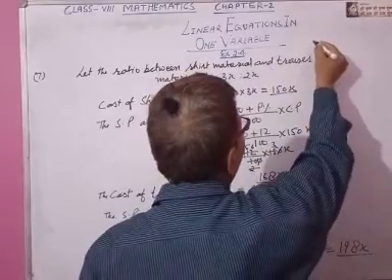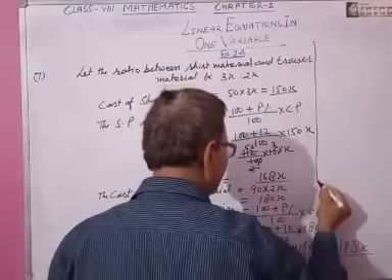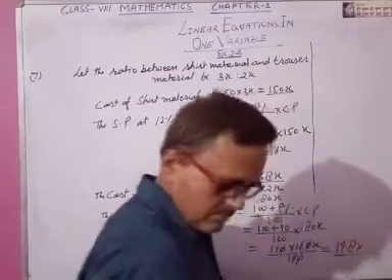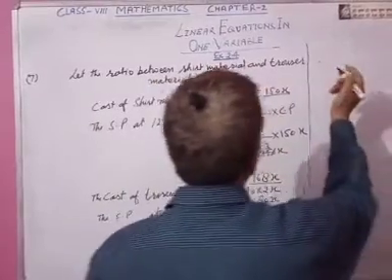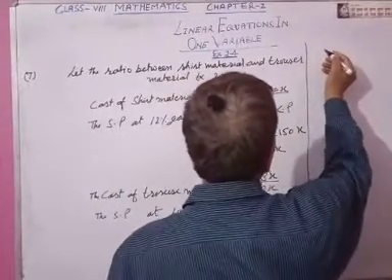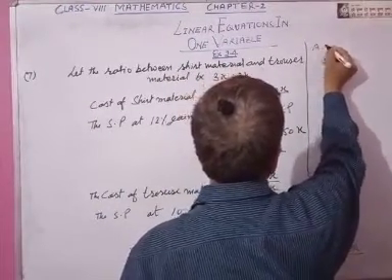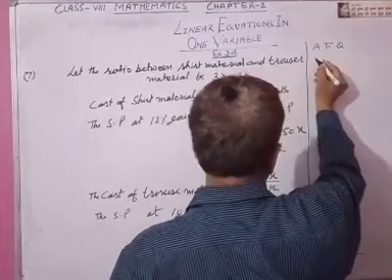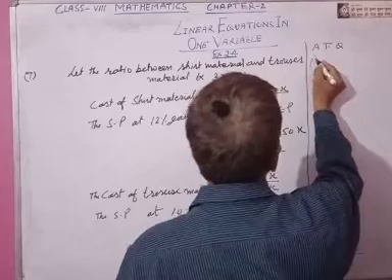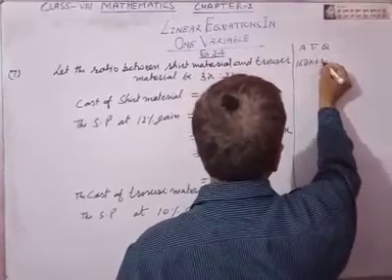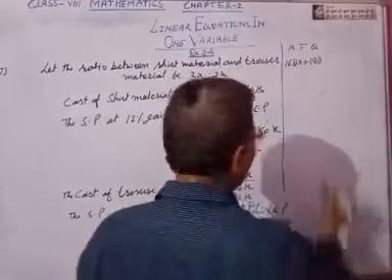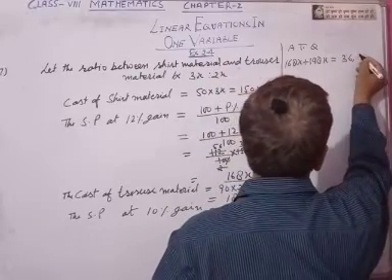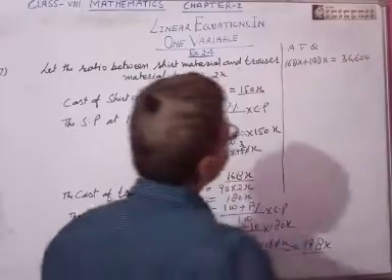Now the total selling price according to the question is 168x plus 198x equal to 36,600 rupees.